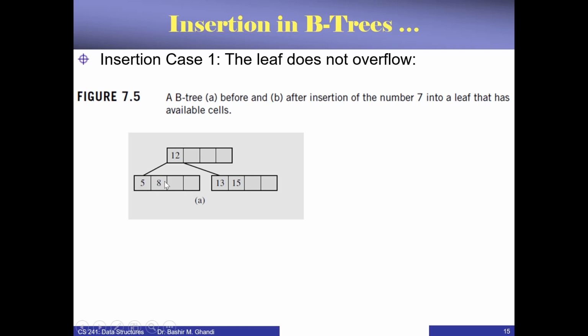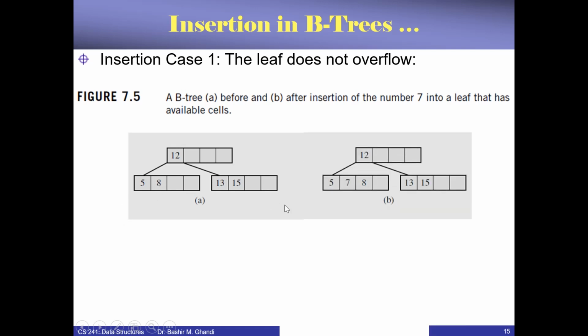So we have to shift 8 to the right to create room for 7. And that's what you will see here. See, after the insertion, this is what you have. Okay, so if the leaf has room, it doesn't overflow, then just go ahead and insert the key in the correct place in that node. As simple as that.